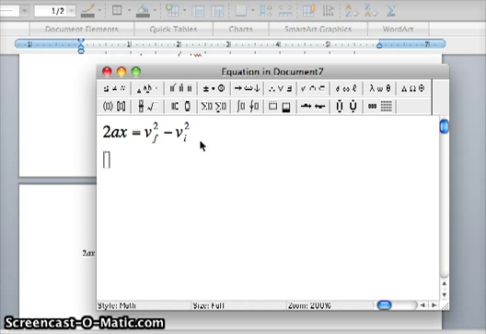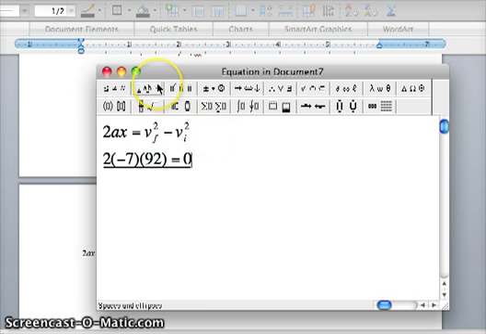In this case, once you know that everything's in meters and seconds and meters per second squared, we don't need to put units in the formula. You do the conversions before you use the formula. So you have 2 times negative 7 times 92 equals v final squared, which we know is 0, minus v initial squared.